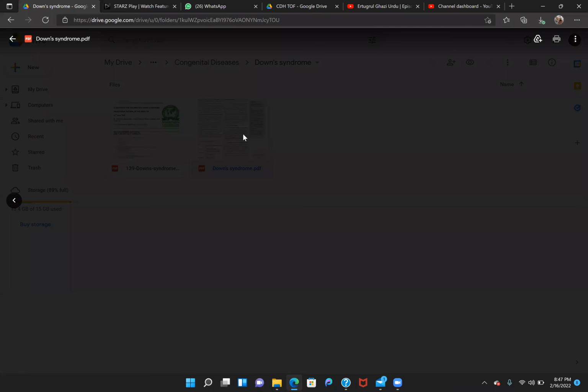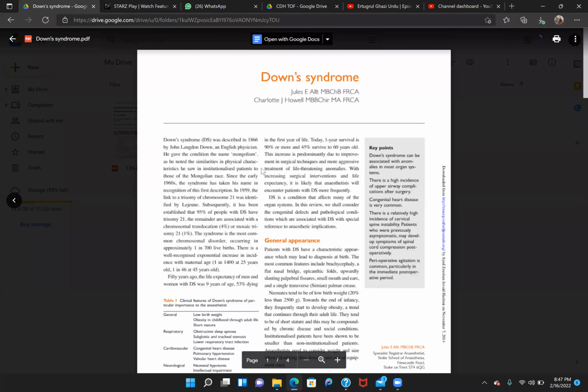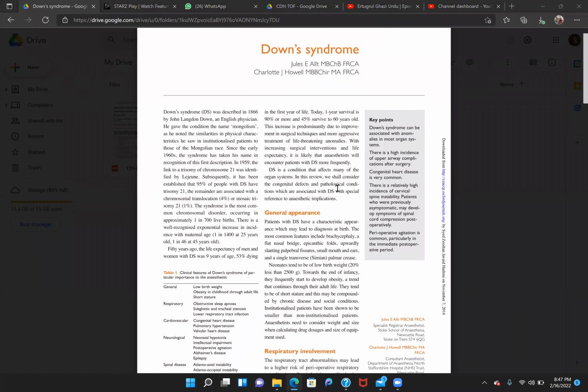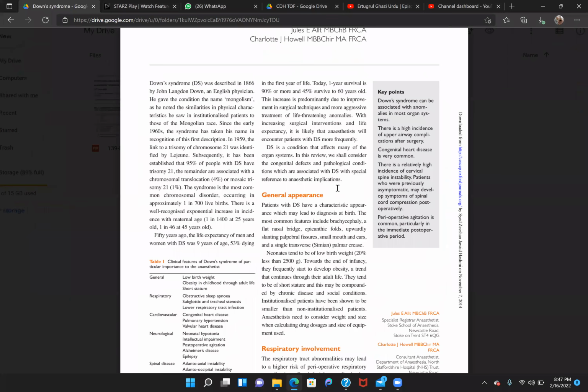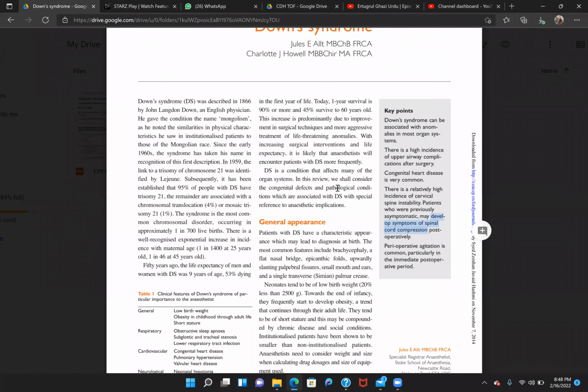Sir, it is a congenital anomaly usually present in pediatric patients, sir. The considerations are they have a problem with the airway, cervical instability, and sir, there will be cervical dislocation, cervical instability.